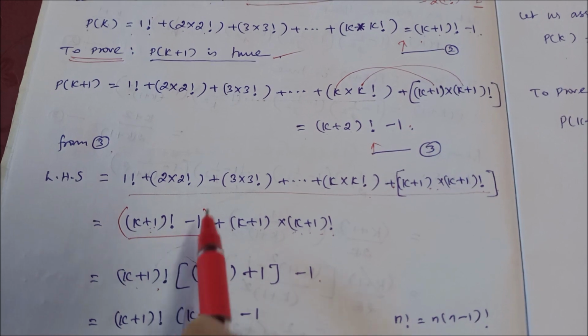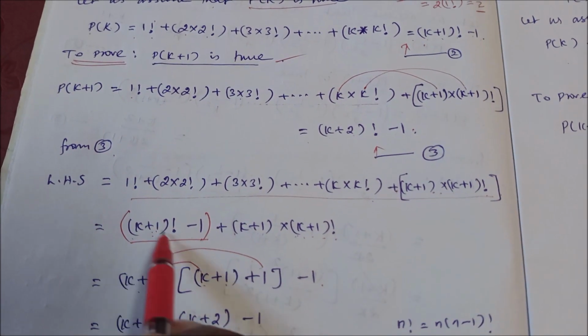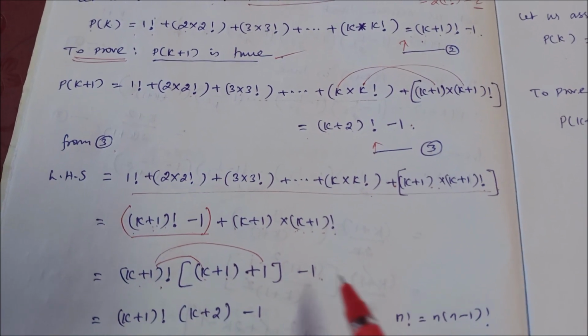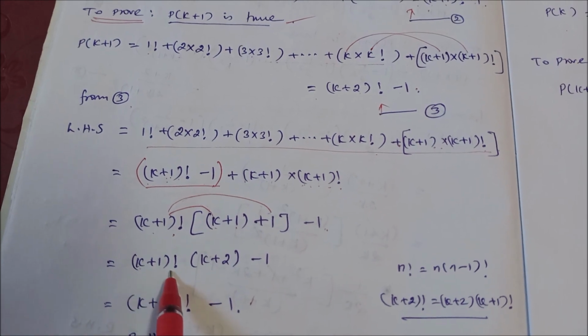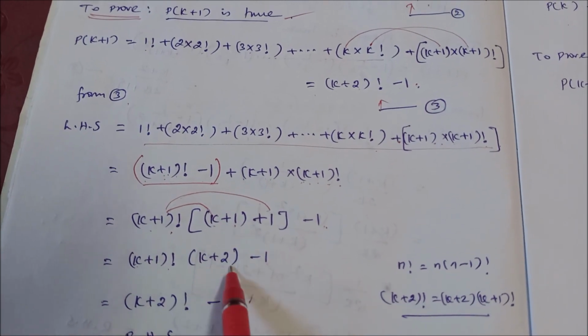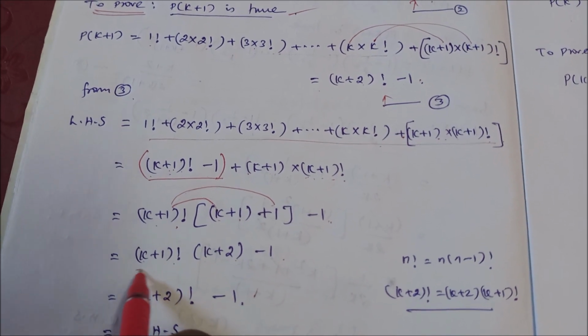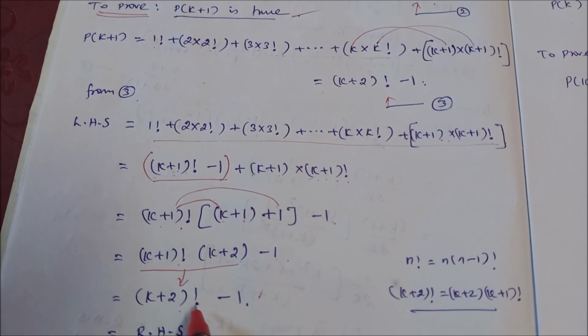After that, multiplied by plus 1, so (k plus 1) factorial, and this minus 1 is minus 1. Therefore (k plus 1) factorial, these terms are (k plus 2), minus 1. Both terms, (k plus 1) factorial and (k plus 2), together equal (k plus 2) factorial.